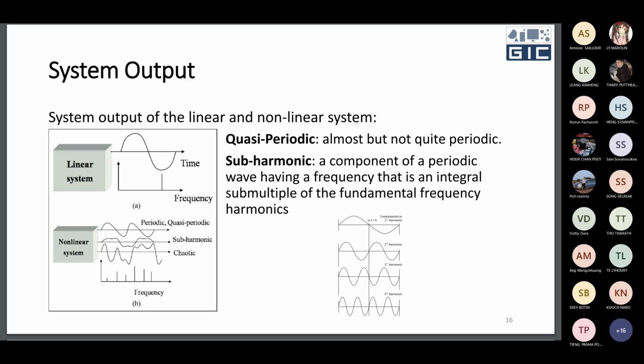Let's go to the keyword periodic. If you have a sine and cosine equation, it can be a linear system. But when you try to add coefficients to the system, it can become a nonlinear system.